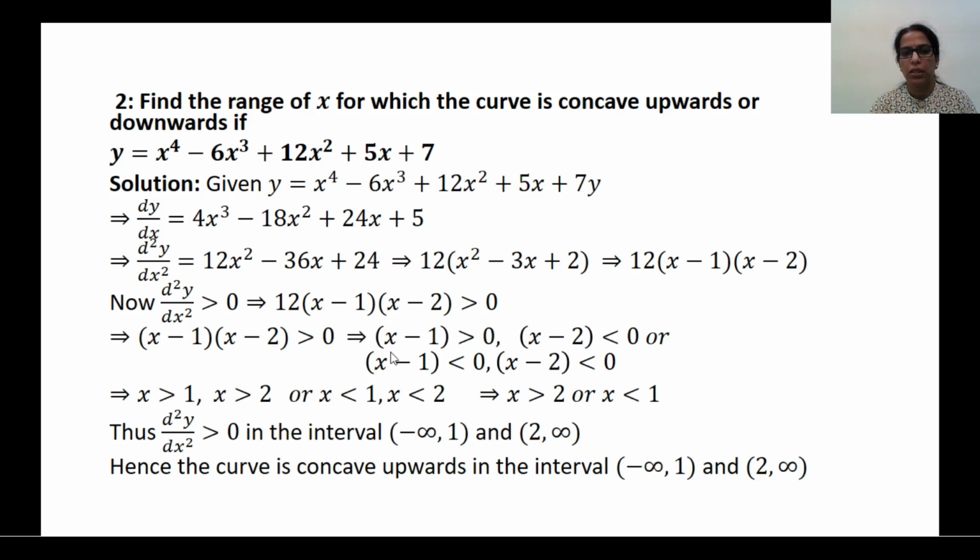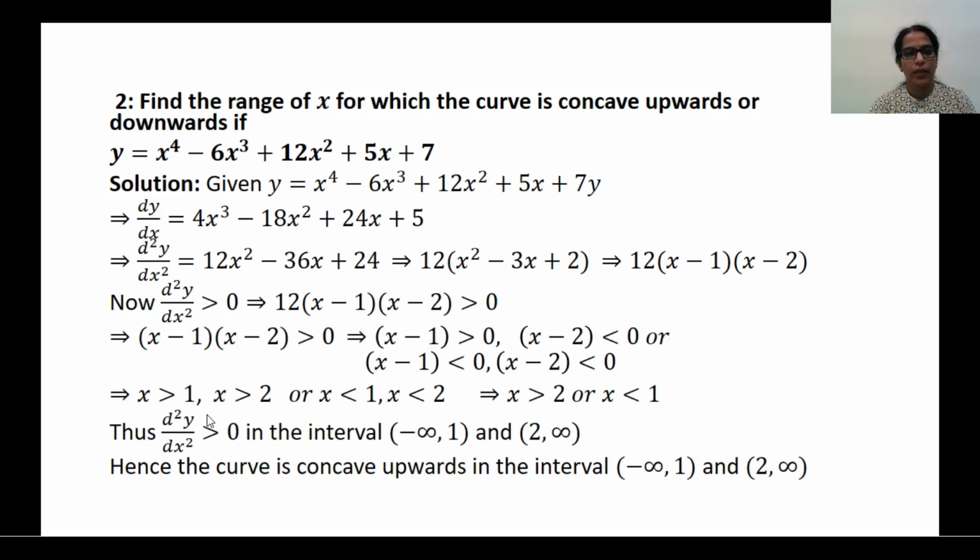If the product must be greater than 0, either both are greater than 0 or both are less than 0. Transferring the constants to the right-hand side, we have x greater than 1 and x greater than 2, or x less than 1 and x less than 2, which implies x greater than 2 or x less than 1.